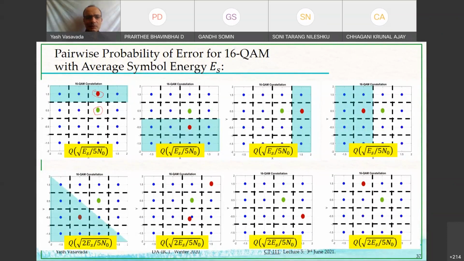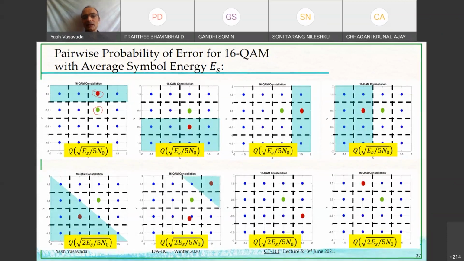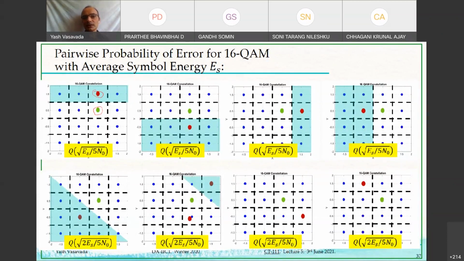So that is how we keep on doing evaluation of the pairwise error probabilities. We are taking pairs of symbols at a time. What are all the nearest symbols of this green symbol? We are doing the probability that this symbol gets confused as this symbol. And now the distance between these two symbols has increased.